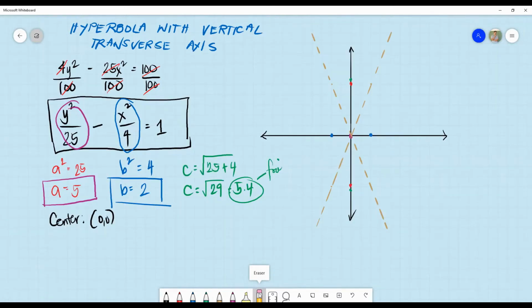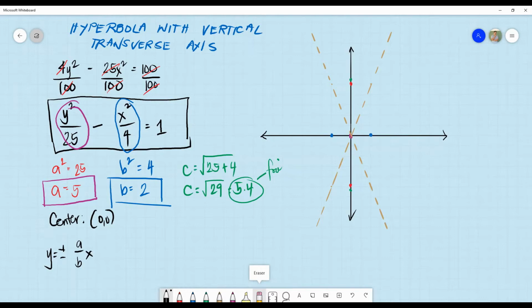So let's now solve for the equations of our asymptotes. For the equation of our asymptotes, please take note of this, that our y will be equal to positive, negative a over b x. And why is it a over b x? Simply because it is a vertical transverse axis.